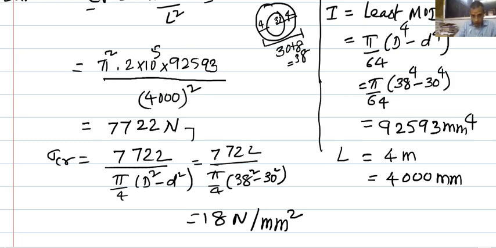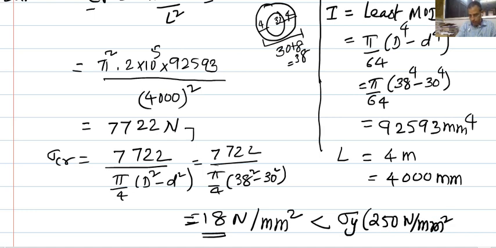That is definitely much less than your sigma y, is it not? Because for steel, sigma y is nothing but 250 Newton per millimeter square. That means my stress is much less. So, it is buckling very early, meaning it must be very long; 4 meter long is too long, right.